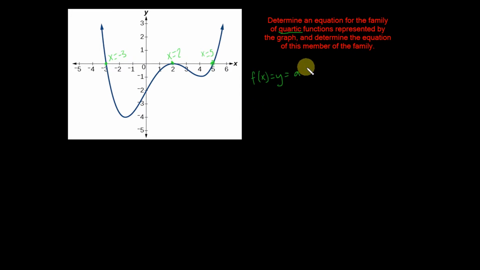And then in factored form, it's going to be x plus 3. Then we've got x minus 5, because the root is 5, and our last root is at x equals 2, so that one's going to be x minus 2.